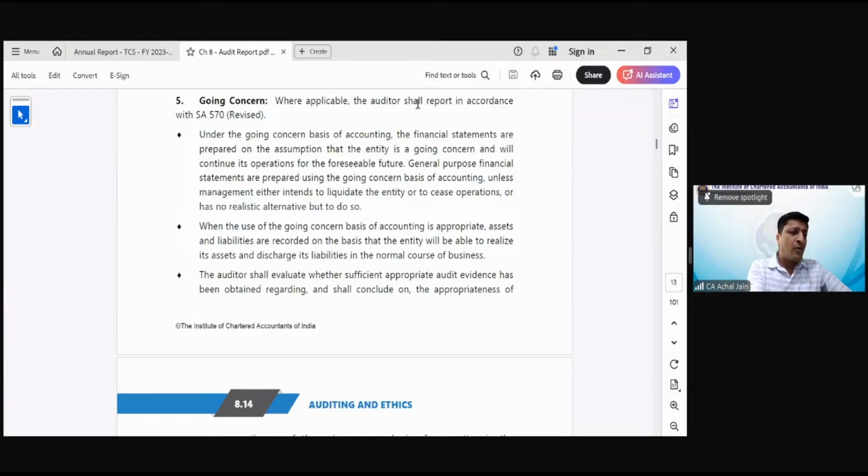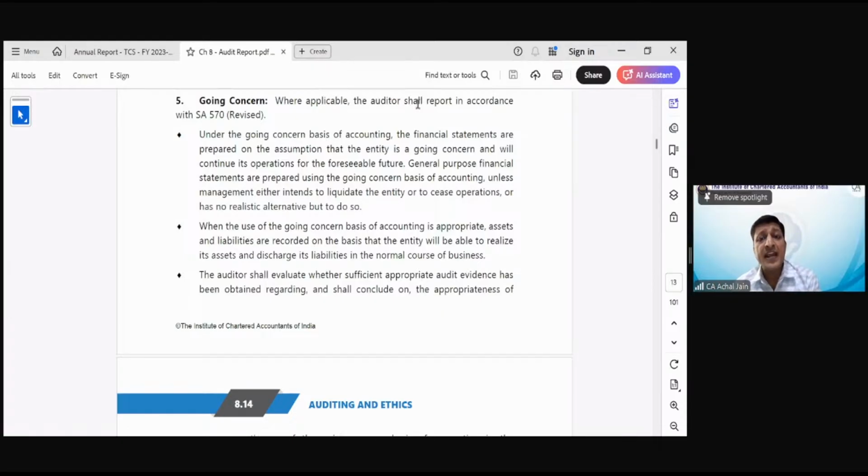All right. So now, if you remember, as around the going concern, we discussed that every time the financial statements are drawn, there is a fundamental accounting assumption of going concern. Yes or no? I think Prem has mentioned this.